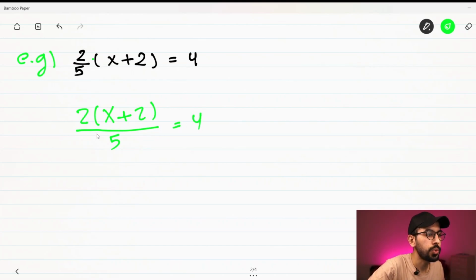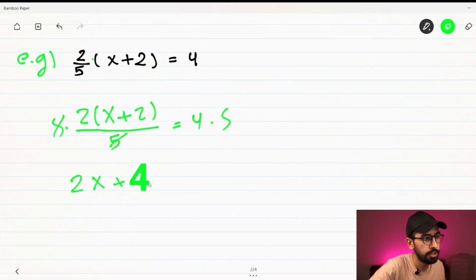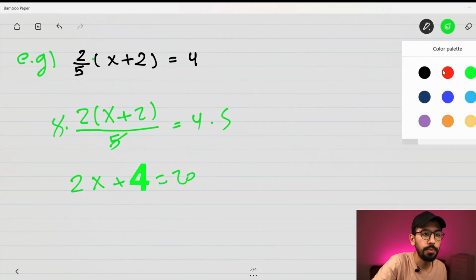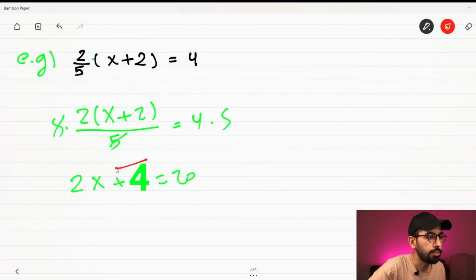Now we need to move this 5 to the other side and get rid of it by multiplying both sides by 5. So this 5 will cancel this 5, and we will have 4 multiplied by 5 here, and the result will be 2x plus 2 equals 20. Now it is very easy and obvious. We just need to move this 2 to the other side, because it's a number and this is a variable.